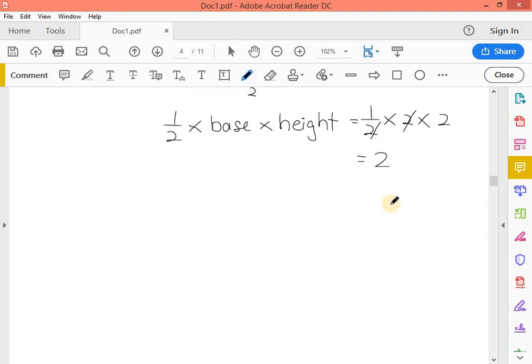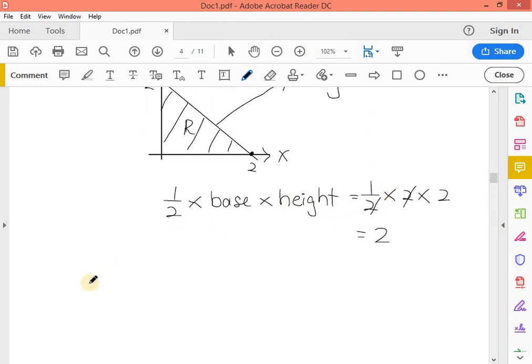Okay, so I redraw the triangle again. There are two techniques in these double integrals in order to calculate the area. The first one is the vertical strip technique.